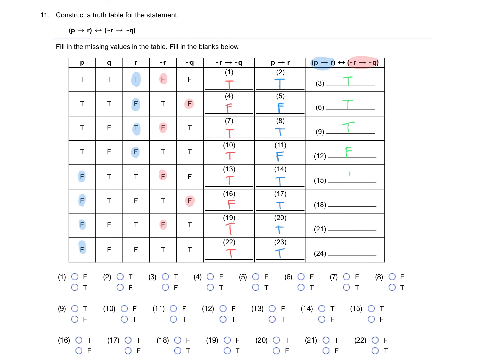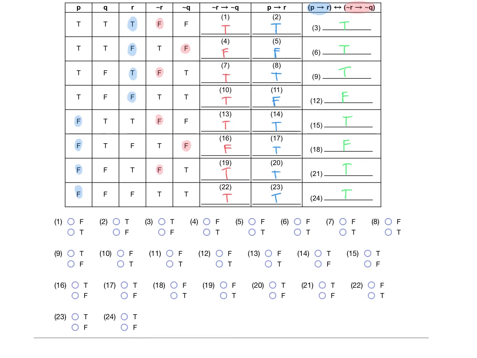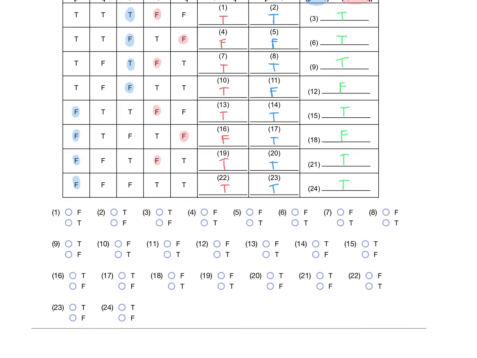Fifth row, they're both true. They match, so true. Sixth row, one is false and one is true. They do not match, so it's false. Seventh row, they're both true. They match, so true. And the last row, they match. They're both true, so true. Okay, so if we're going to fill in our blanks here, our circles for the corresponding answers.